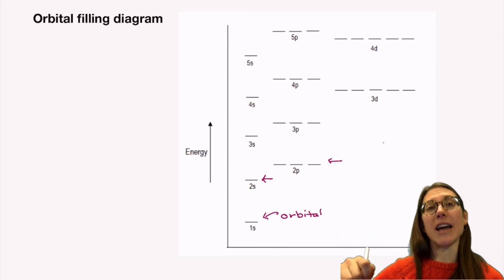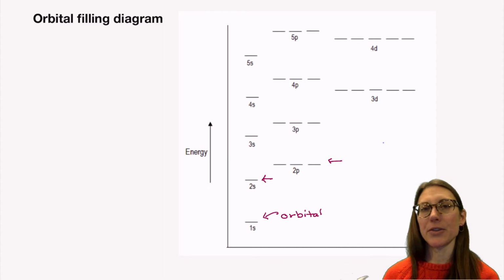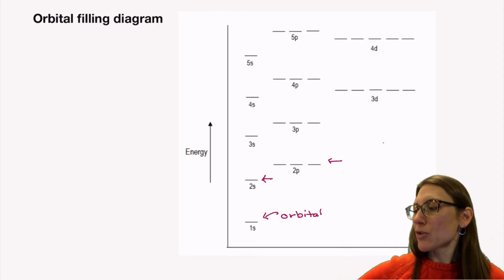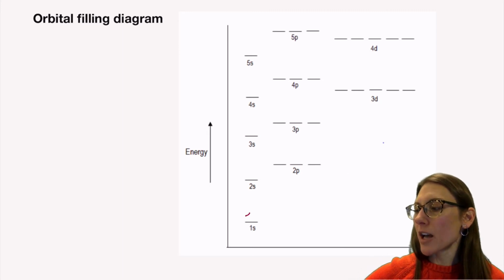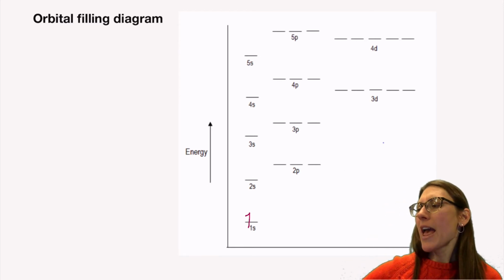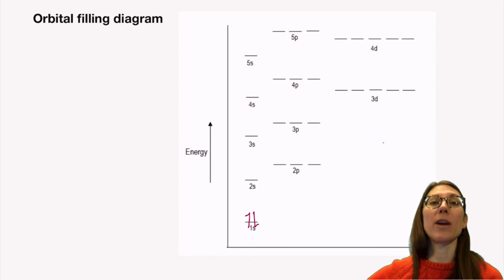Each of those lines represents an orbital, and we label them so we know which one we're talking about with our letters and numbers. When we go to put an electron into an orbital, we do so by drawing a little arrow. Traditionally it's a fish hook, so it's half an arrow. And our arrows can either point up or point down.